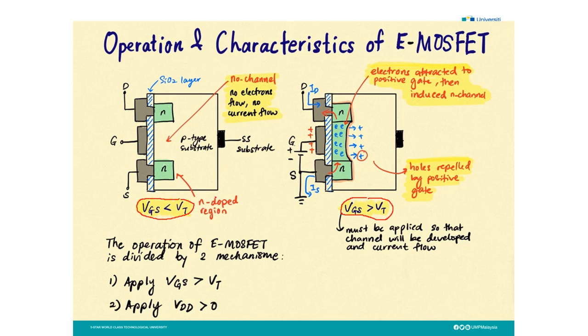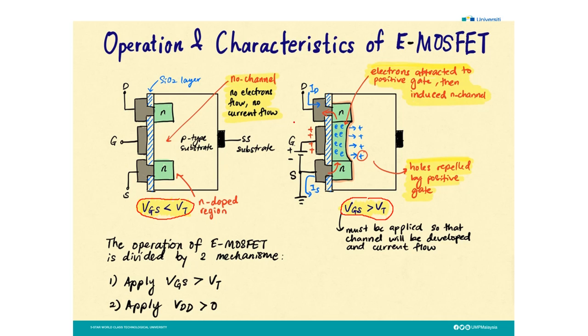So what is VT actually? VT is the threshold voltage for the transistor. The VGS must be greater than this value so that it can induce a channel for the E MOSFET. Okay, let me take a look into detail.